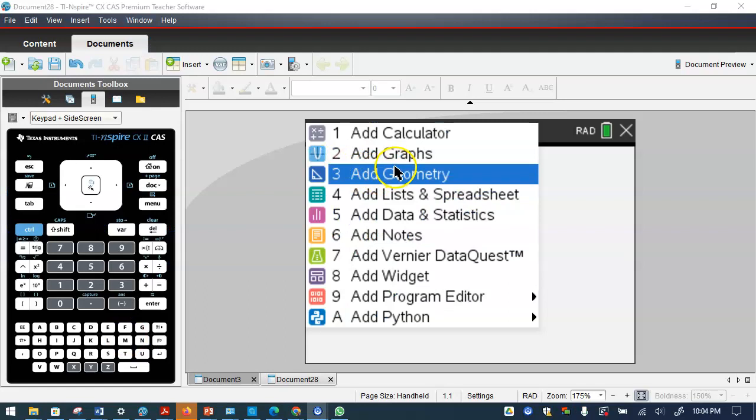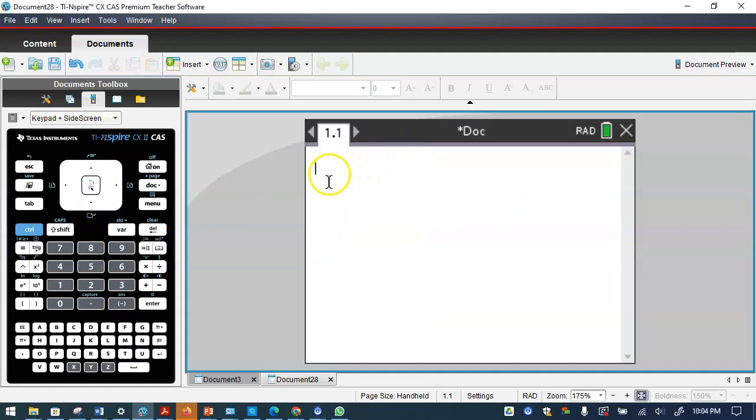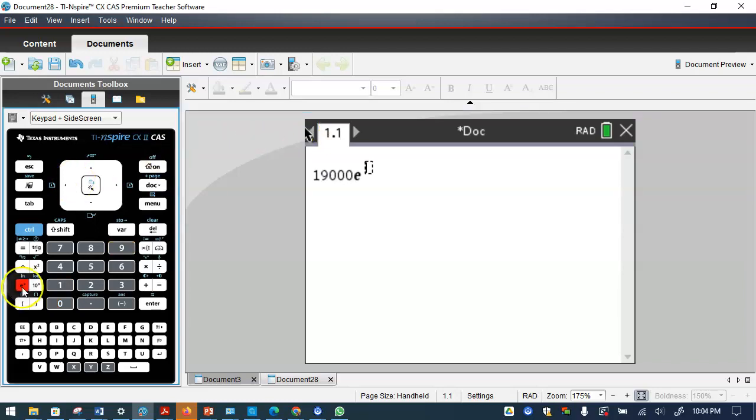So in the calculator, it was 19,000, and then e raised to, so e is right here, raised to 0.09 multiplied by 8, and then you enter. So there you go. You click control and enter, and you get the answer.